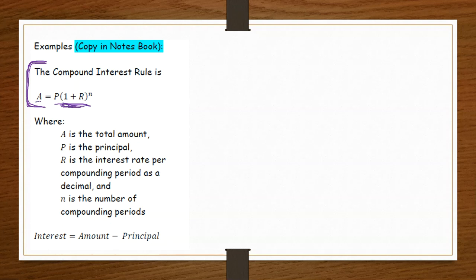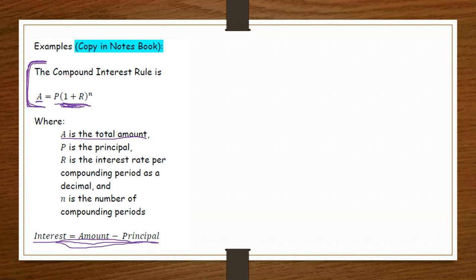So A is the amount, P is the principal, R is the interest rate per compounding period as a decimal, and N is the number of compounding periods. And again, the interest is the amount minus the principal.